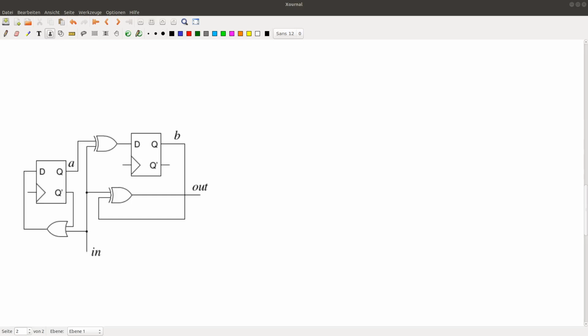Now let's have a look at how we can represent the circuit we are given here in terms of an I/O automaton. In contrast to the previous circuits, we have now also an input and not only an output, which we have to consider in our I/O automaton model. And the input alphabet is obviously 0 and 1, and the output alphabet theta is also 0 and 1.